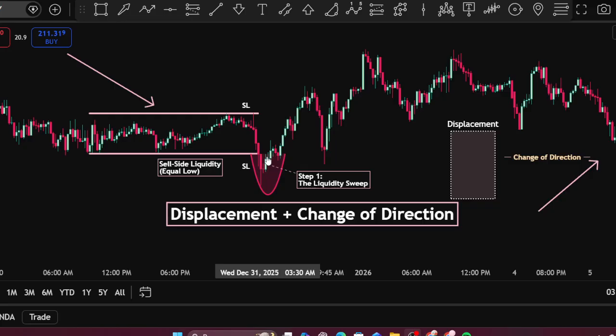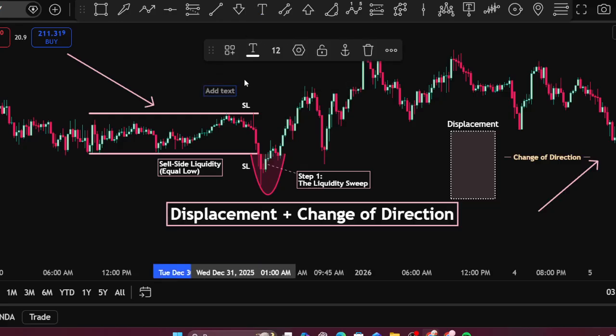So this was a shift that the buyers, the buyers are also called bullish, and then also the green candles.